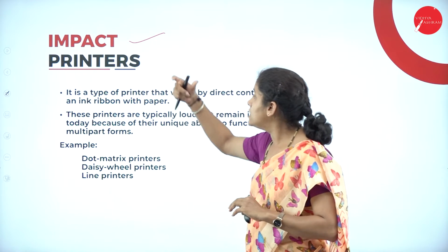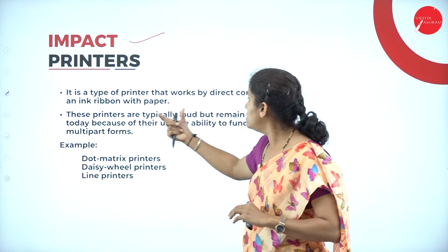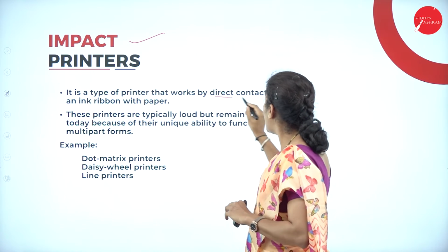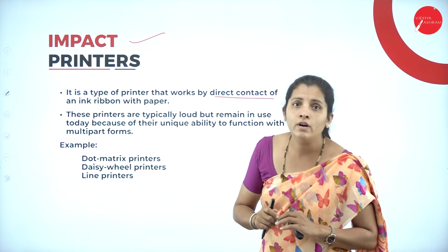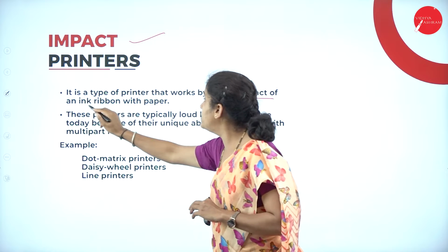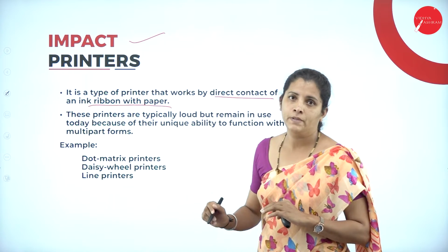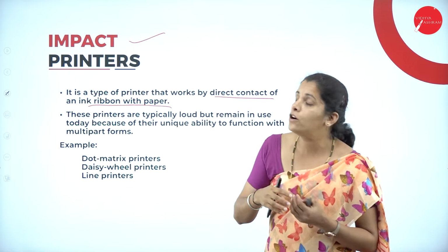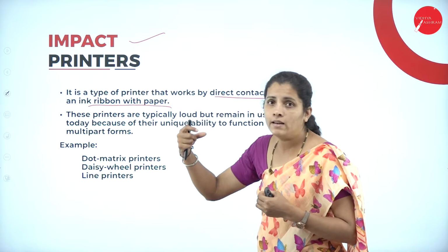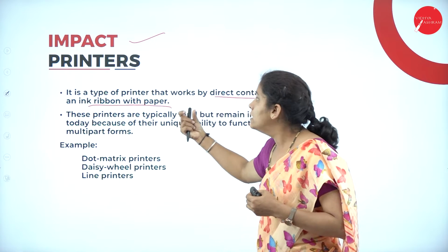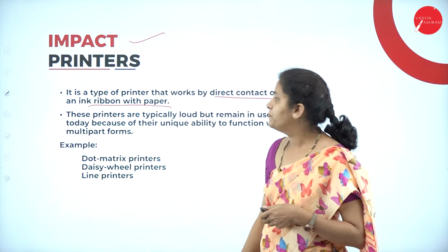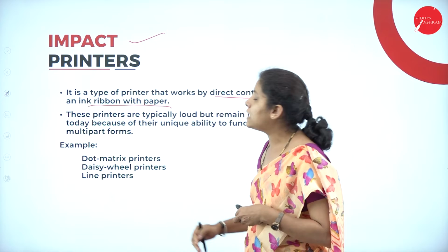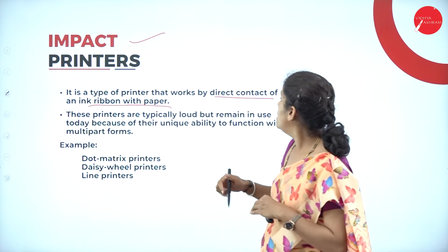It is a type of printer that works by direct contact of an ink ribbon with paper. So there is a direct contact between pin and paper in impact printer. These printers are typically loud.